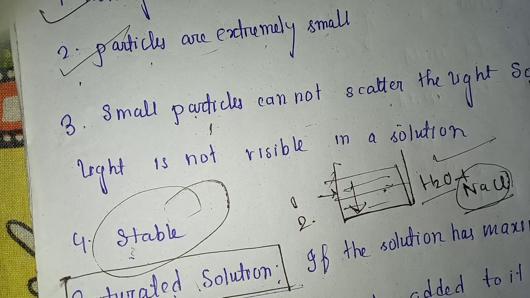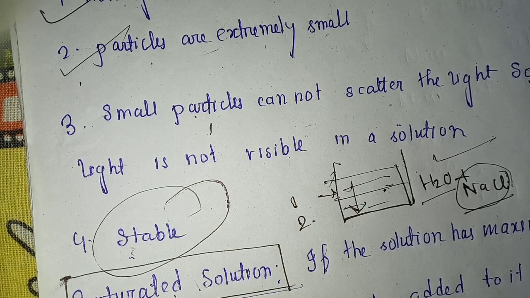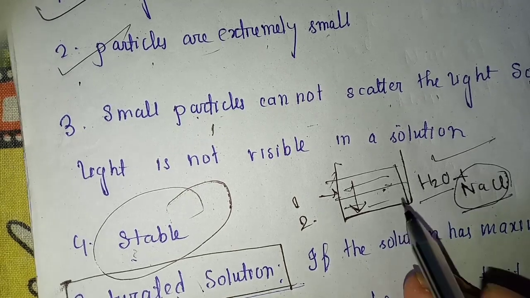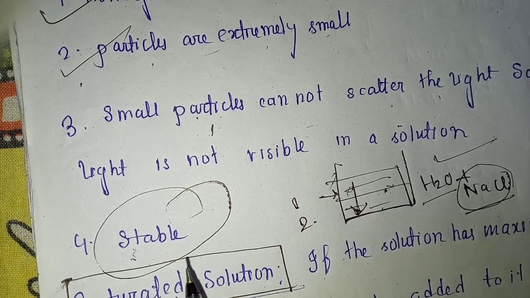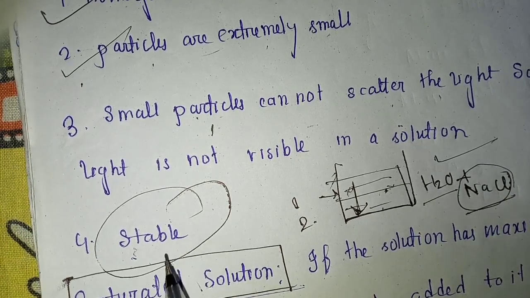If it were a heterogeneous mixture like a suspension or a colloid, then, when we learn about the properties of suspension or colloid, we will see that if I keep them, the particles will settle down, meaning the particles will go downward. So it is not possible in the case of a solution because it is stable.